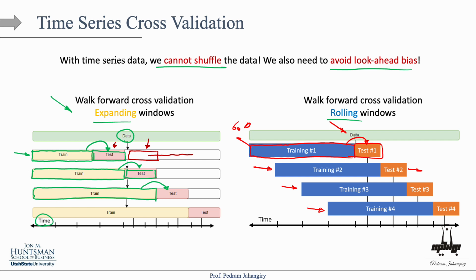Now, why do you think we should use rolling windows versus expanding windows? What do you think? Well, especially in financial time series, it's usually the case that there's a structural change in the data, especially in the earlier part of the data.